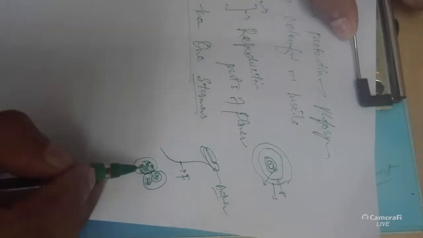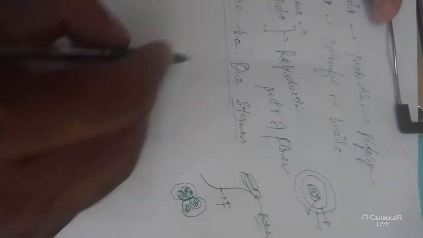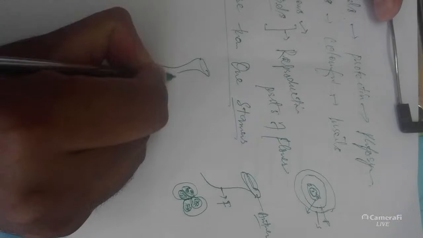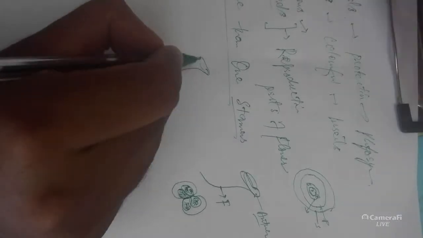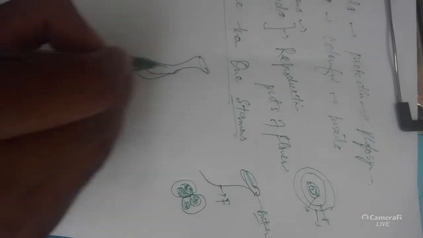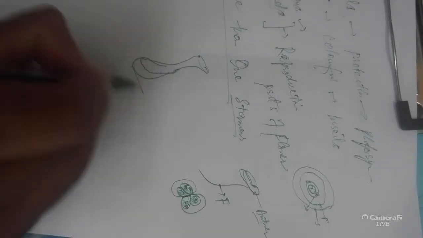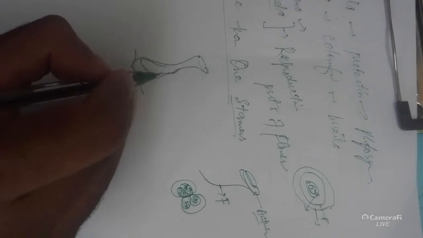Then the carpel, which we also call the pistil. As I discussed before, it is mostly present in the center of the flower, and it forms the female part of the plant.